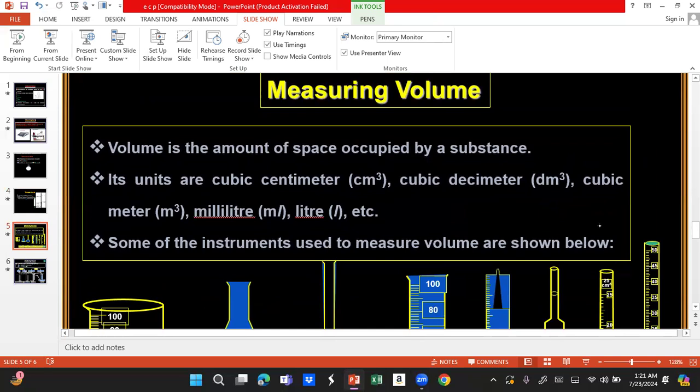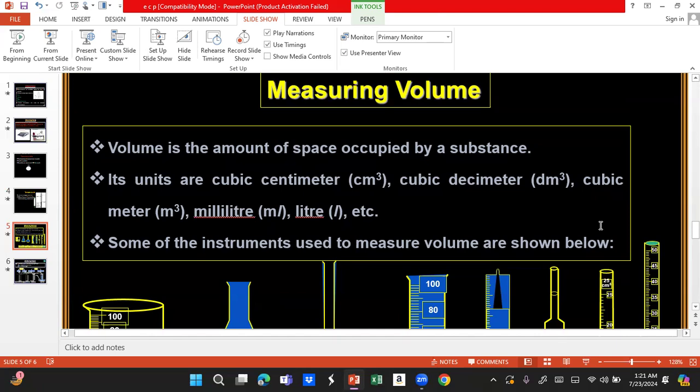Volume, as you know, like mass, temperature. You must know what volume is. Volume is basically the space occupied by a substance. Every matter occupies space, whether it is a liquid or a gas.